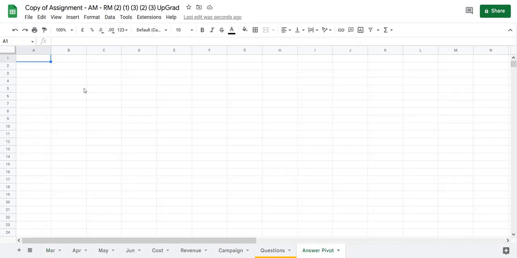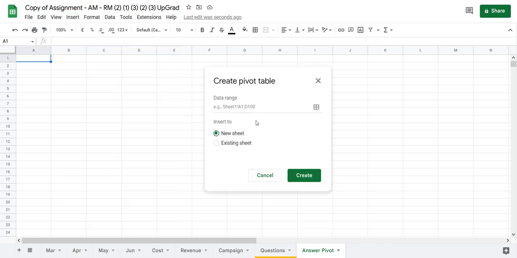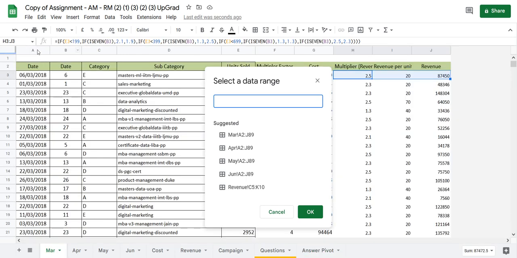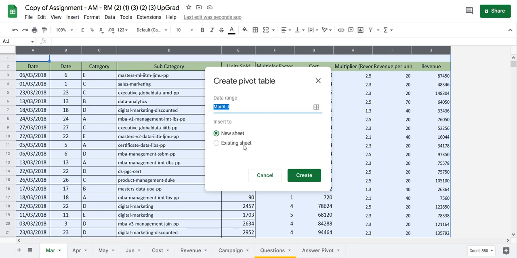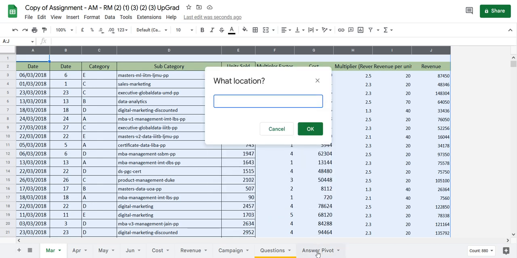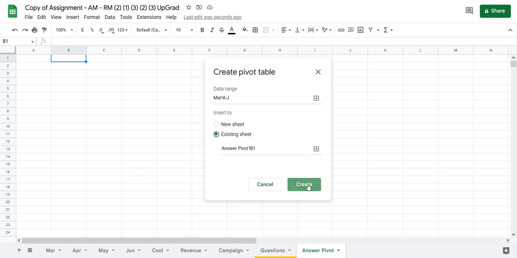We will create one pivot. We'll go to insert, click on pivot table. Data range, we'll select this complete range. In existing sheet, answer pivot, we'll use this particular cell for the first question.